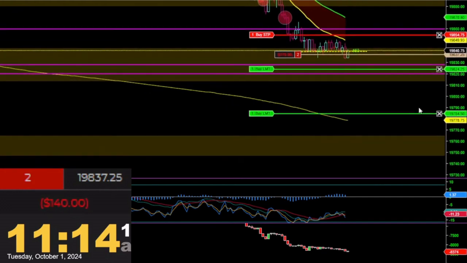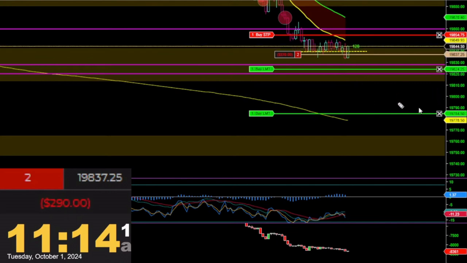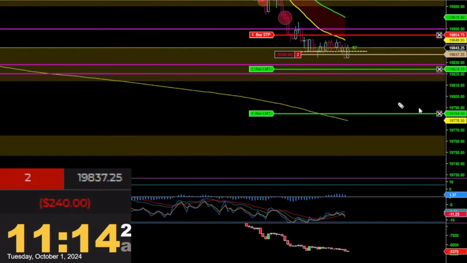That's why I put one of my profit there because I thought we were gonna go. Not really risking much, so the saying goes, in for a penny, in for a pound.